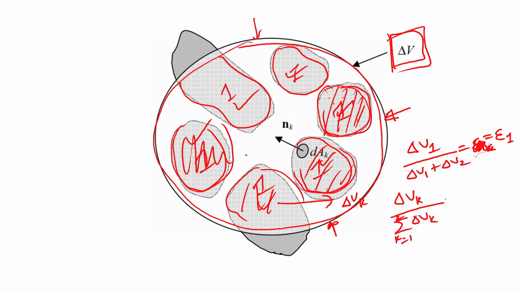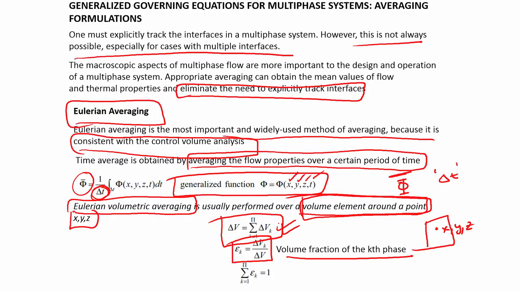Here we are taking two phases, that will be epsilon k, got it. This is what we call the volume fraction of each of the phases.